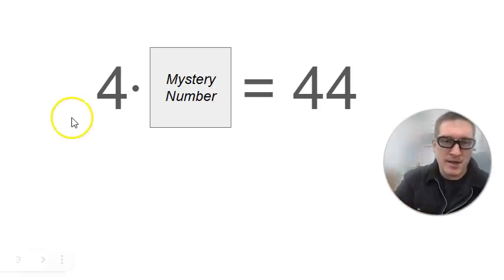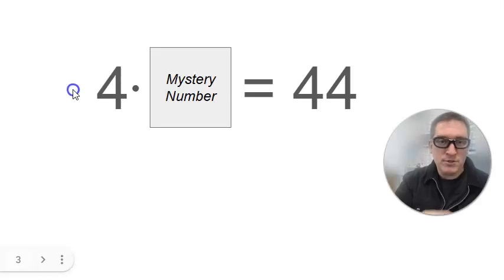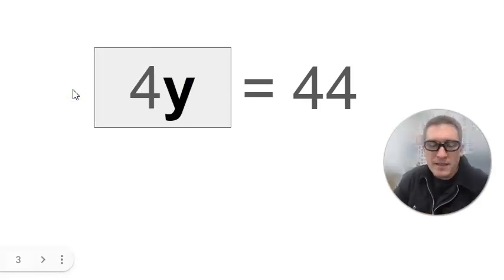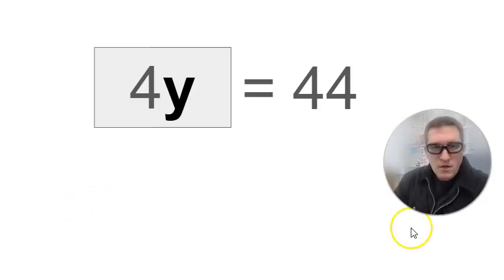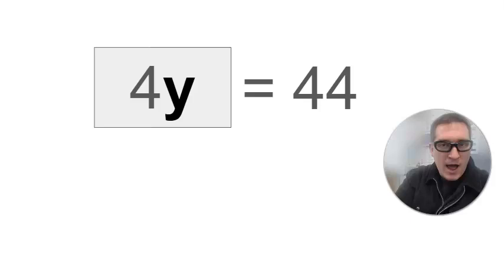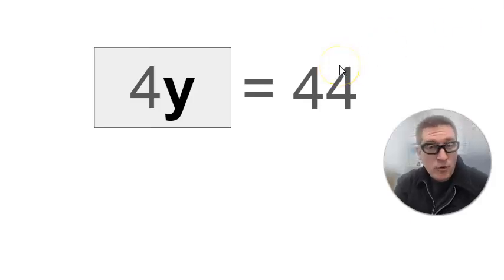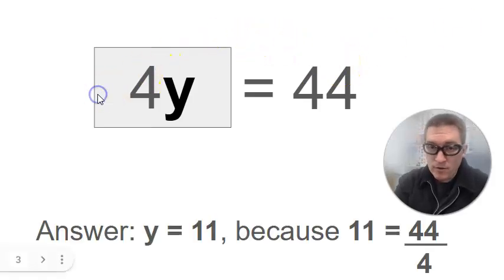How would I write this scenario in algebra language? I would write 4y. That literally means 4 times y, or 4 y's. So yes, 4 times 11 equals 44, but think of it the opposite way. 44 divided by 4 gives you 11. Division and multiplication are inverses of each other.